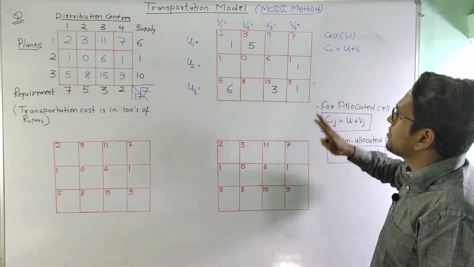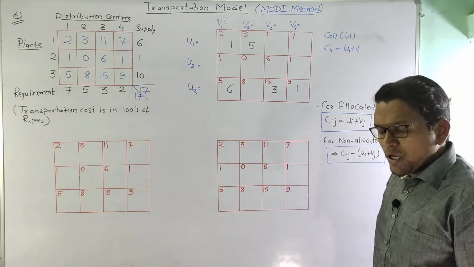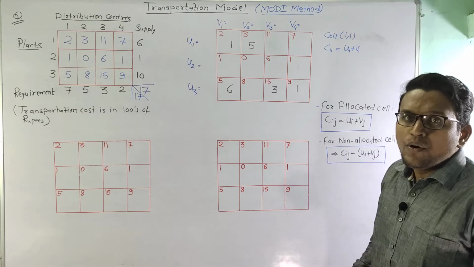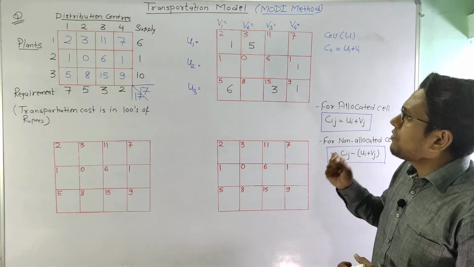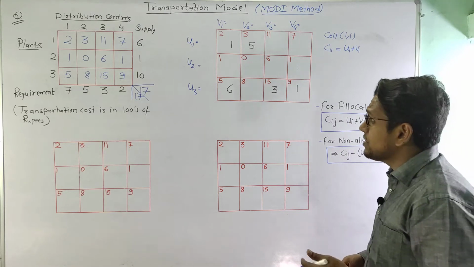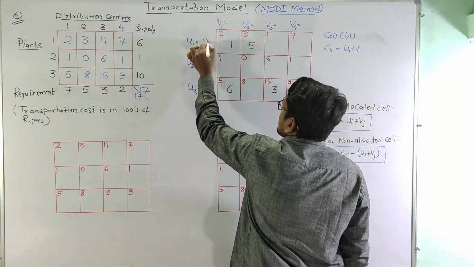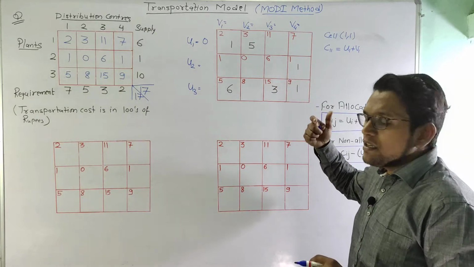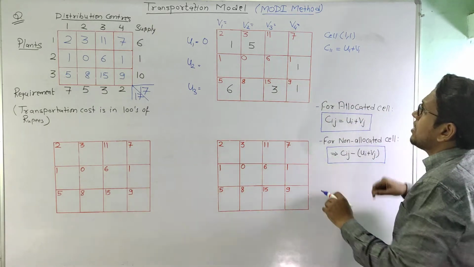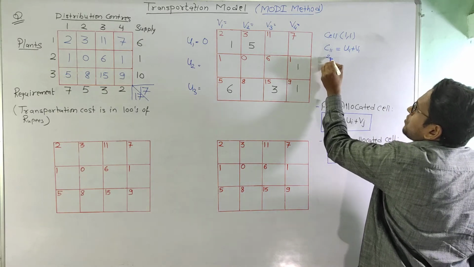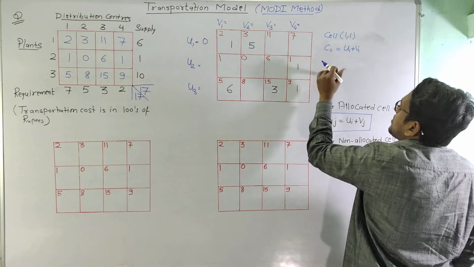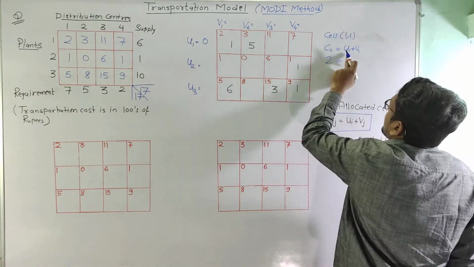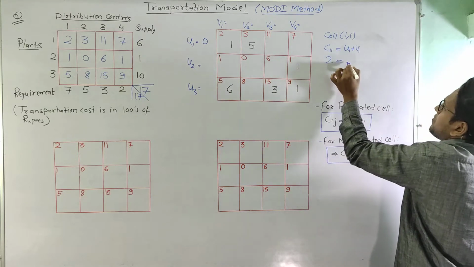In order to find the values of the u's and v's, we take any one variable as 0 and find the corresponding values of the other variables. Generally we take u1 as 0. In this cell, C11 is 2, the unit transportation cost, and the value of u1 is 0.